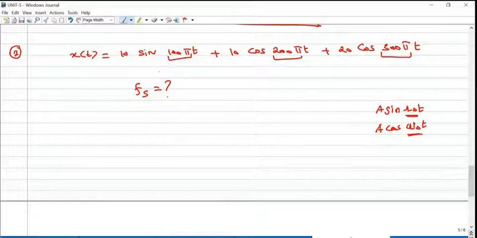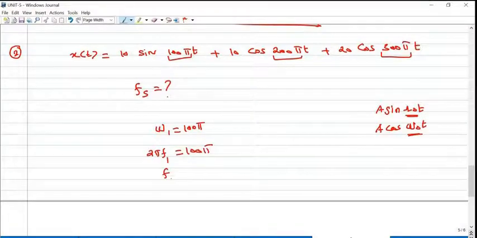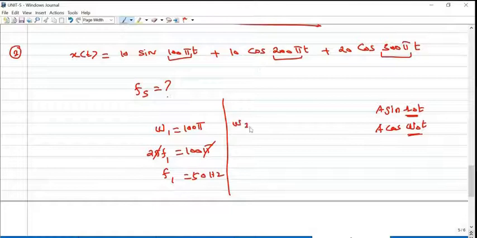First section, omega 1 equals 100 pi. Omega equals 2 pi f, so 2 pi f1 equals 100 pi. Pi will be cancelled, f1 equals 50 hertz. Next, second section, omega 2 equals 200 pi.